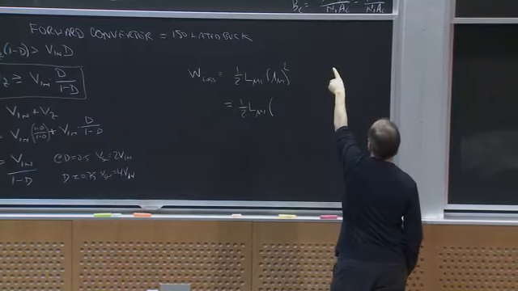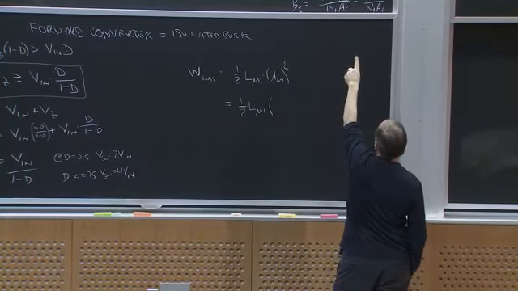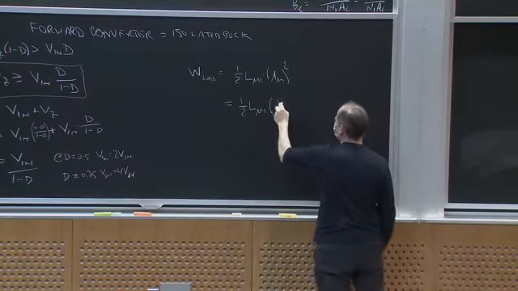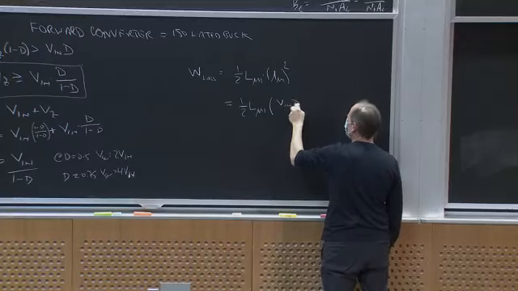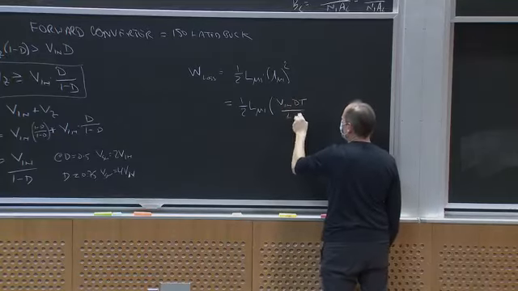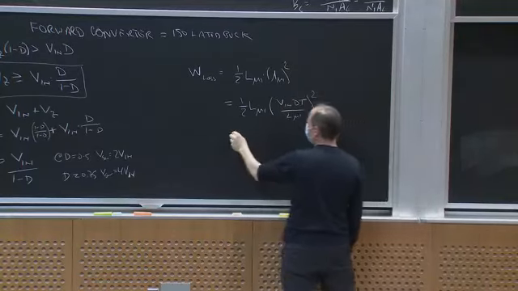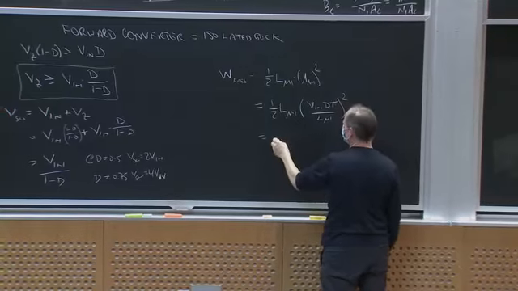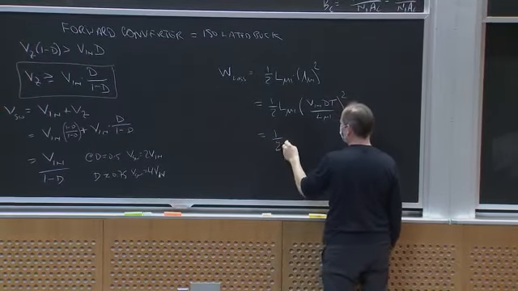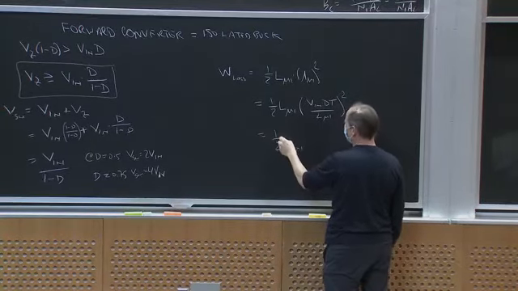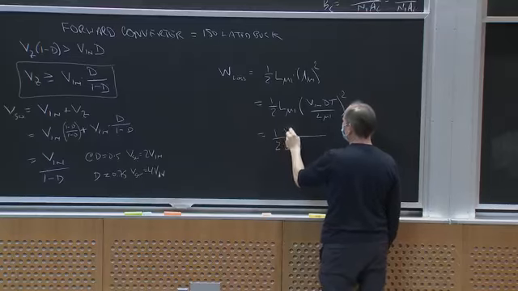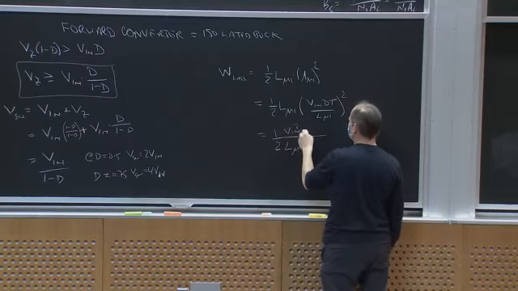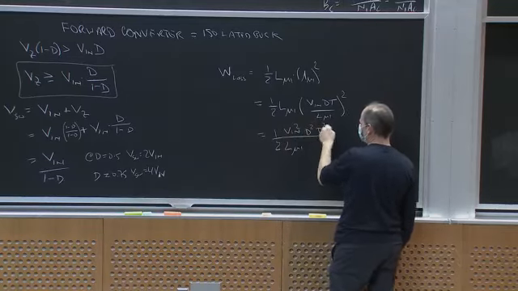I wrote it up there. That's going to be V_in dT over L_mu1, squared. This works out to be 1 over 2 L_mu1 times V_in squared D squared T squared.